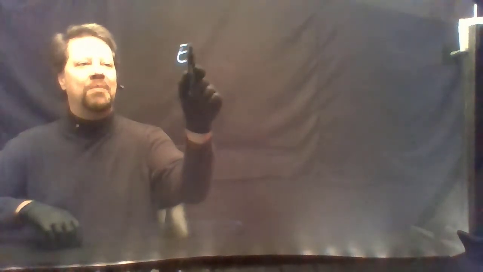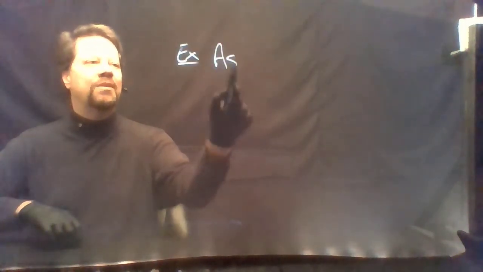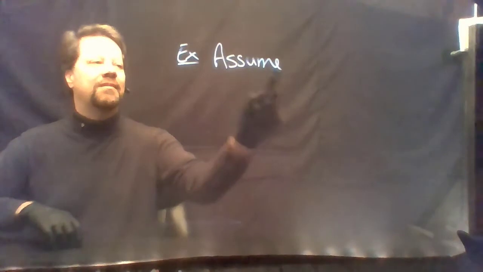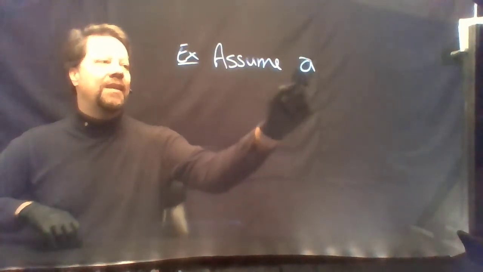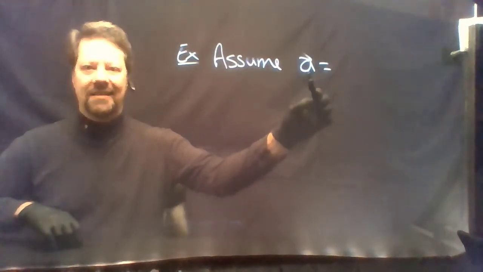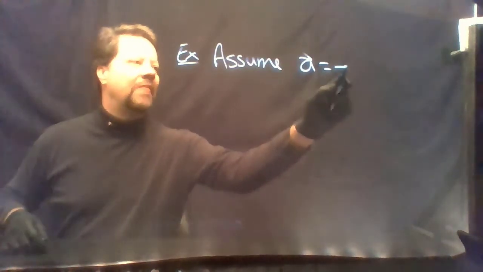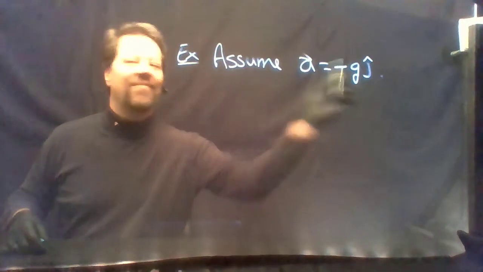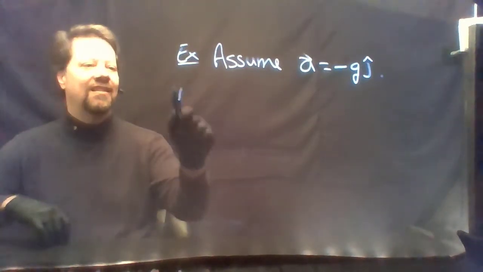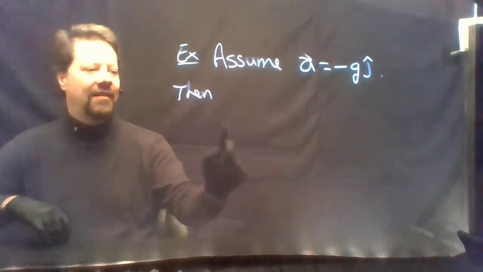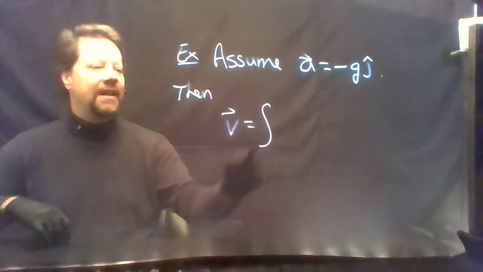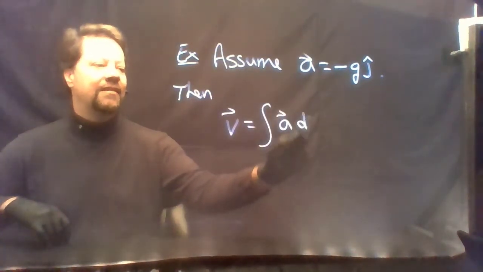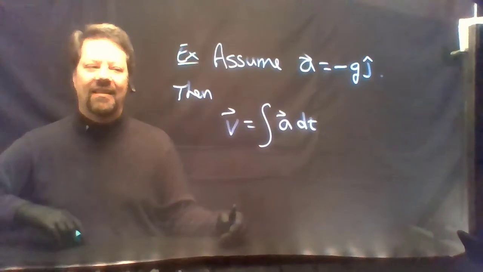For our next example, let's assume that the acceleration is equal to some constant, let's say minus g times j. The velocity should be the integral of the acceleration with respect to time.